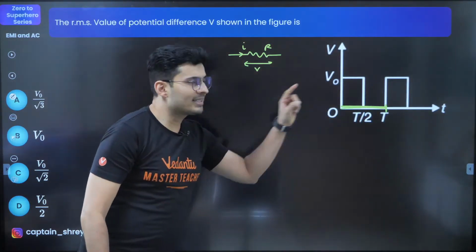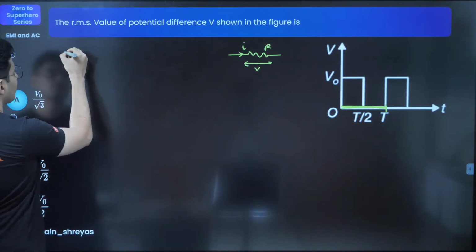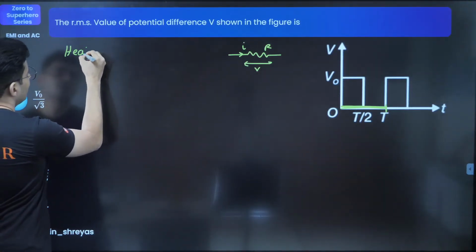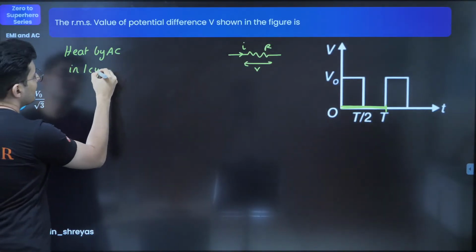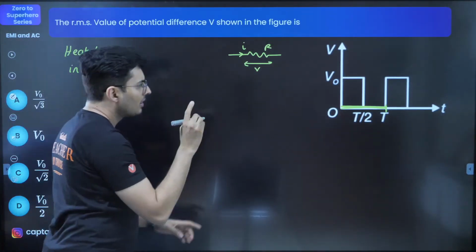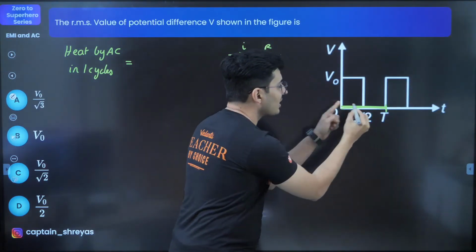So in this one cycle of AC, how much heat is generated? Heat by AC in one cycle will be only generated from 0 to T by 2, because there is no current in the other half.